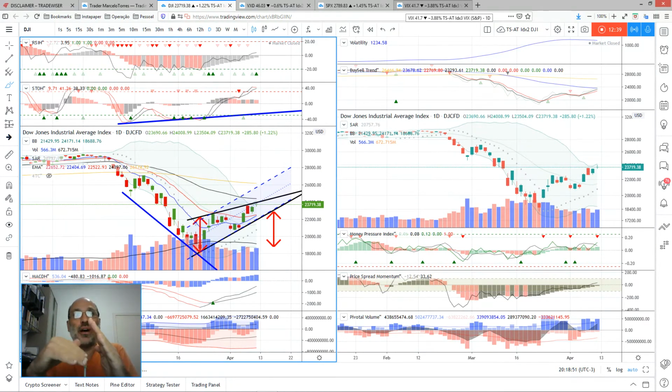So if I have an uptrend on a market index and a downtrend on the volatility index, good, that is good. If we see this going up, we have to see either the market index going down or the volatility going down. Otherwise, it's not confirming. Okay, so this is very important for us to figure out what's the real movement of the S&P 500 and the Dow Jones.